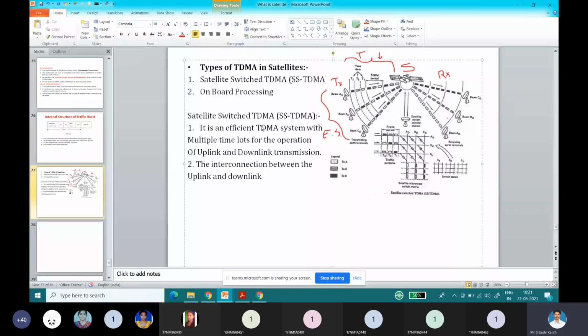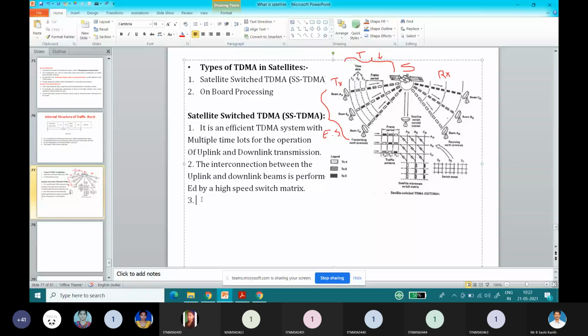The interconnection between the uplink and the downlink beams is performed by a high speed switch matrix. So SS TDMA is an efficient TDMA system for the multiple slot operations represented here. That makes you understand that it is uplink and downlink transmission, and the interconnection between the uplink and downlink beams is performed by a high-speed switch matrix.